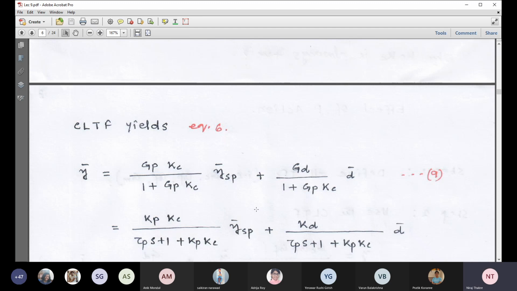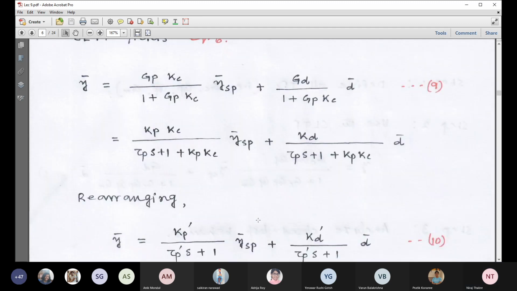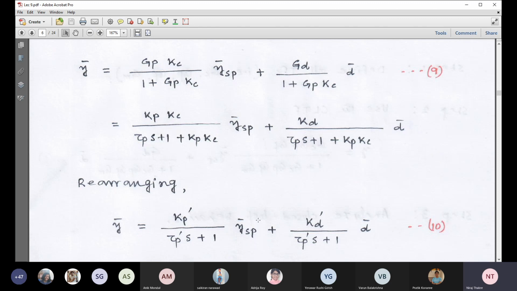And if we further rearrange this, we get equation 10.